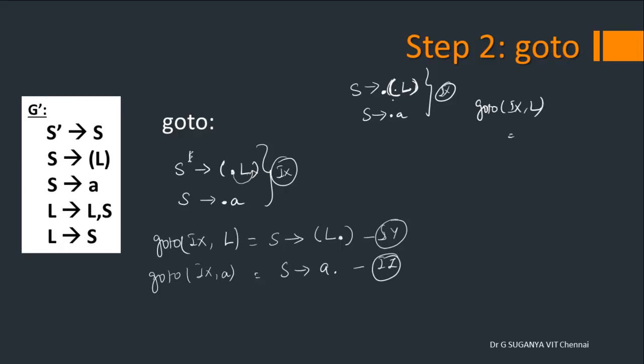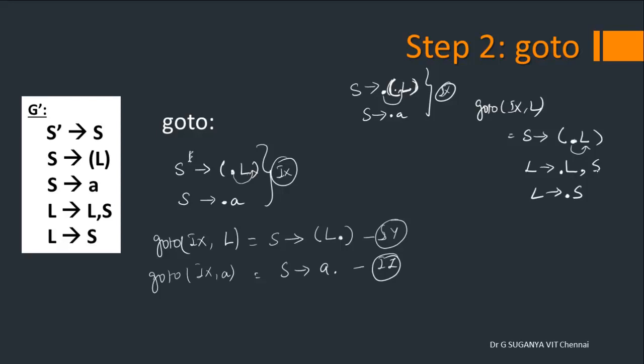We have to move this dot to the next position, so it will come like S gives (L.). When the dot is followed by a non-terminal, it is a candidate for expansion. How to expand? You will be expanding using the L productions: L gives L comma S and L gives S. From where will you start expanding again? Again from the leftmost symbol, so I have to place a dot like this. So this is the goto, and you have to include the closure if, after applying the goto, there exists a non-terminal after a dot.